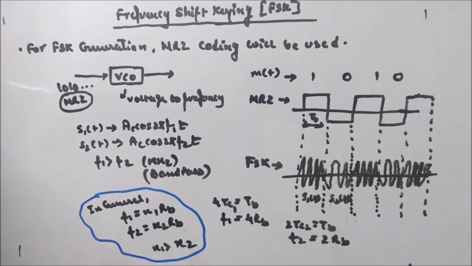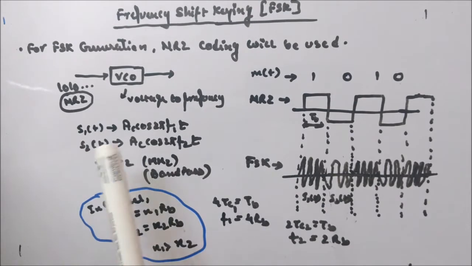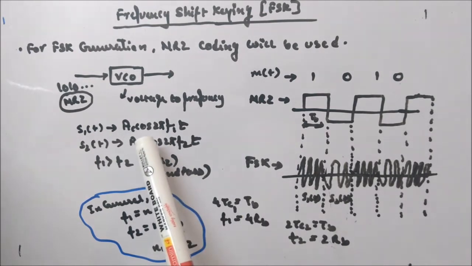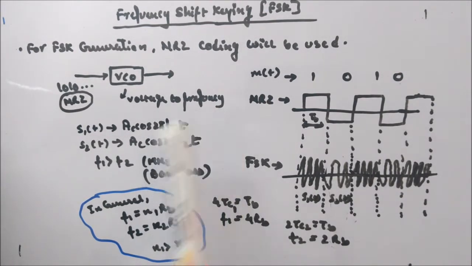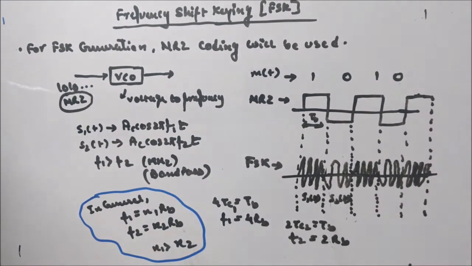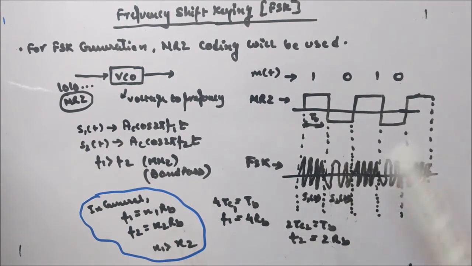So you have the digital signal, you converted the voltage levels into frequency, and then you send the cosine of that frequency for 1, and the cosine of the other frequency for 0. So these will be the waveforms.